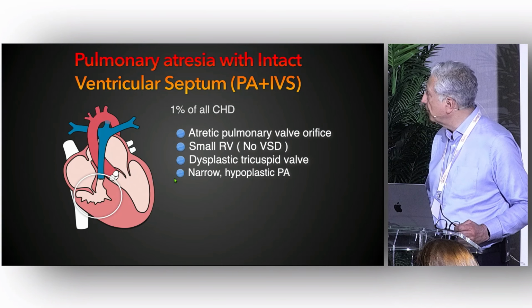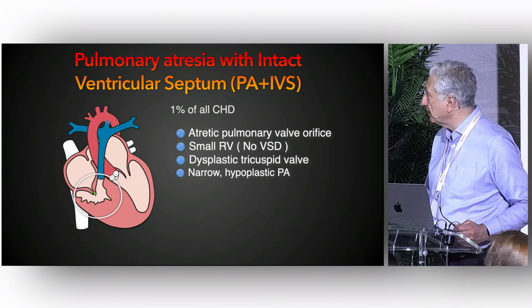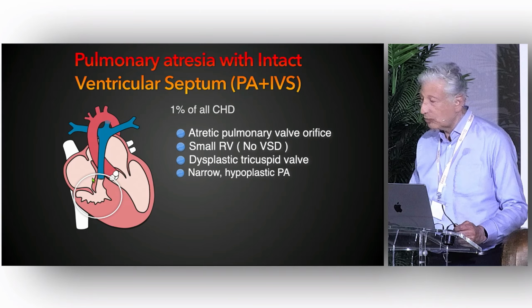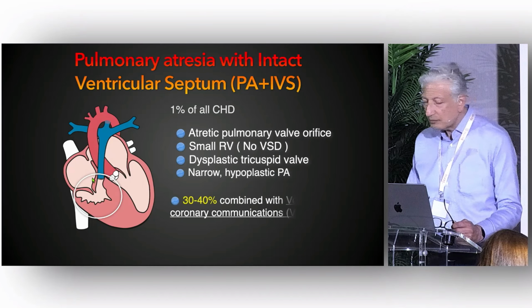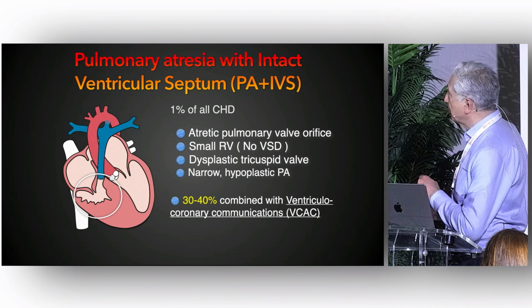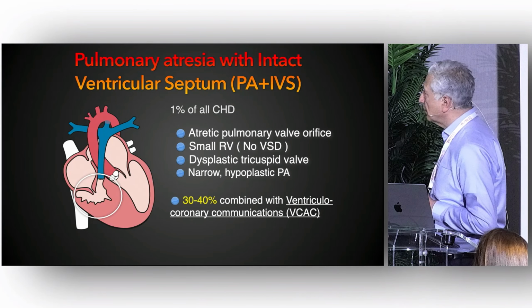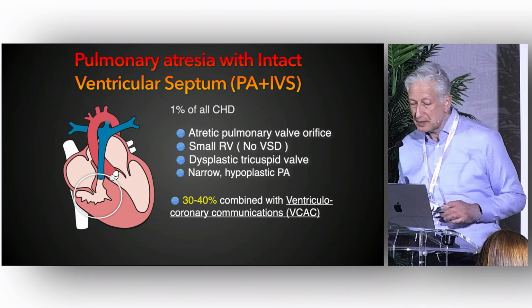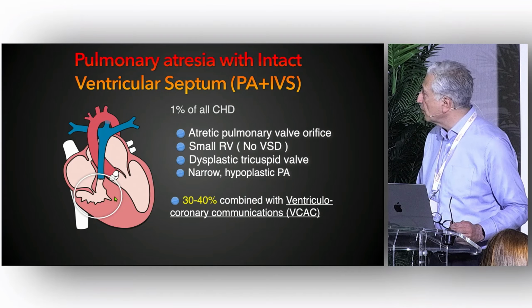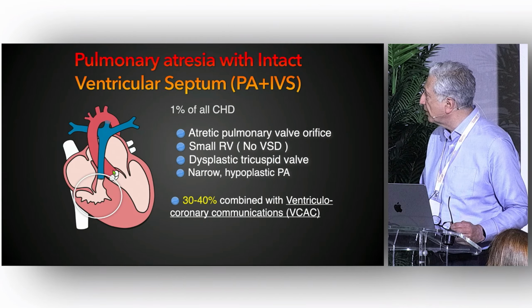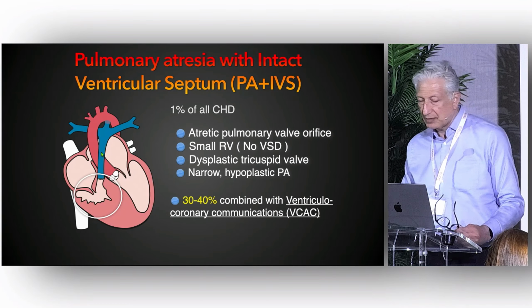And the inflow valve here is dysplastic because the flow gets in but does not get out to the pulmonary artery. But in 30 to 40% of the cases, you may have the combination with ventriculo-coronary communication. That means, I'll show later on in the images, you will have some coronary arteries connecting this right ventricle with the aorta, with the coronary system of the aorta.